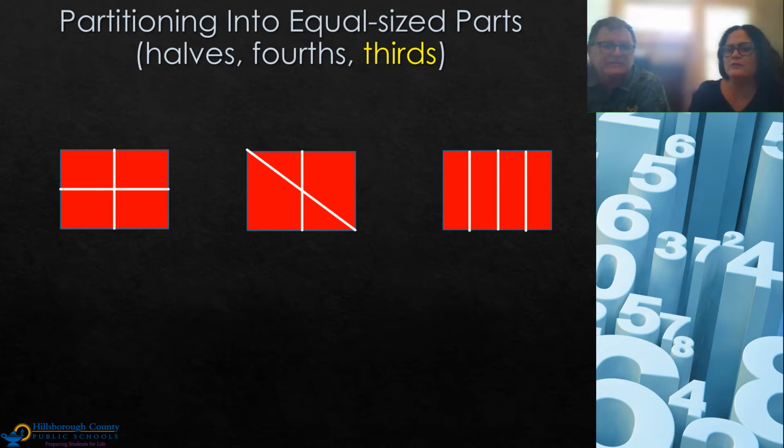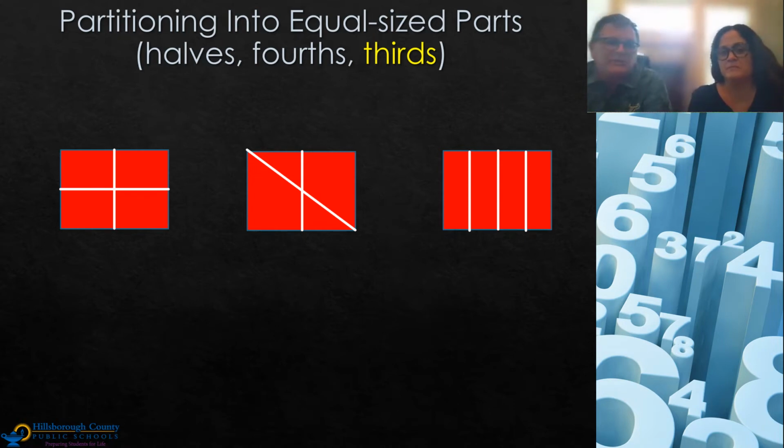What do you notice about the middle rectangle that is maybe different? I see that it's divided into 4 sections as well. Well, there are 4 different pieces, but I don't see them as equal size because, unlike the other 2, I don't see mirror images of each other. Some pieces are smaller or larger than others.